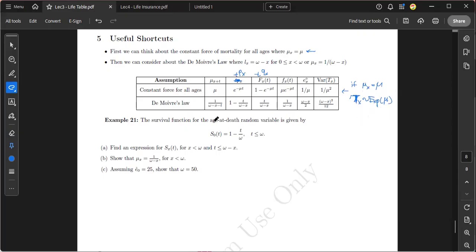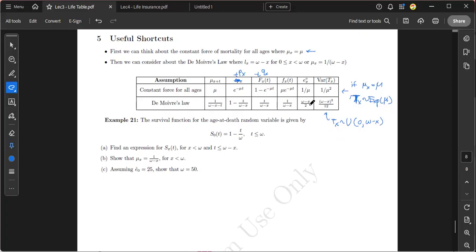So under de Moivre's law, since this Lx is uniform and the density is 1 over omega minus x, these quantities correspond to the uniform distribution. So Tx follows a uniform distribution between 0 and omega minus x.